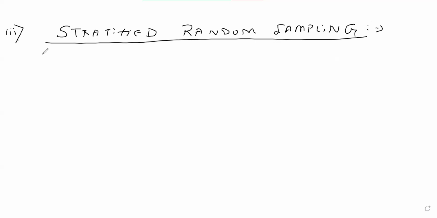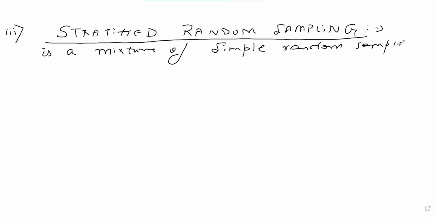So I can say it is a mixture, somewhat a mixture of simple random sampling and purposive sampling. Why? Because you are dividing the population into some subgroups.